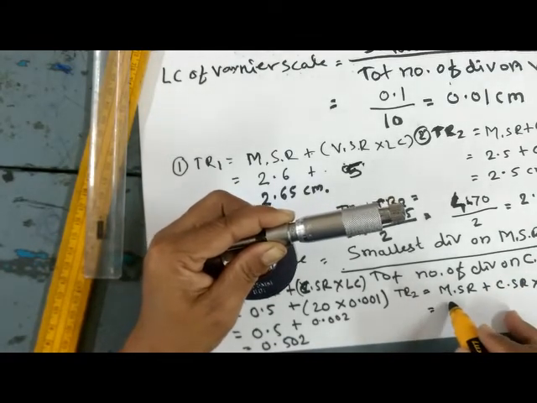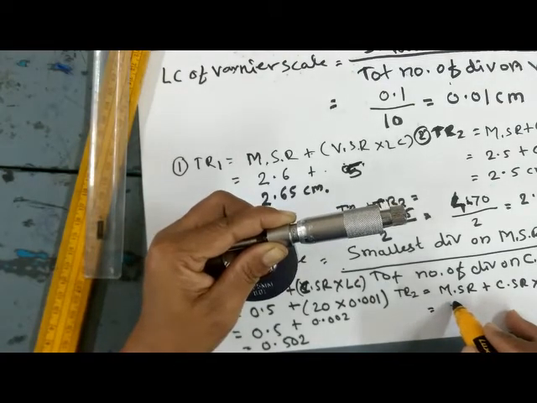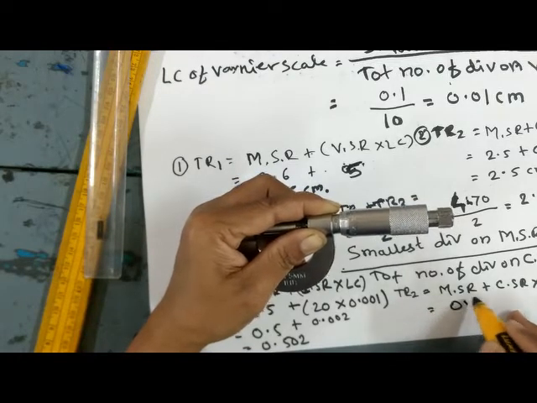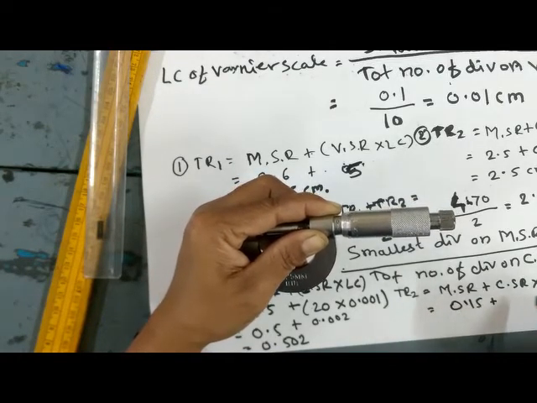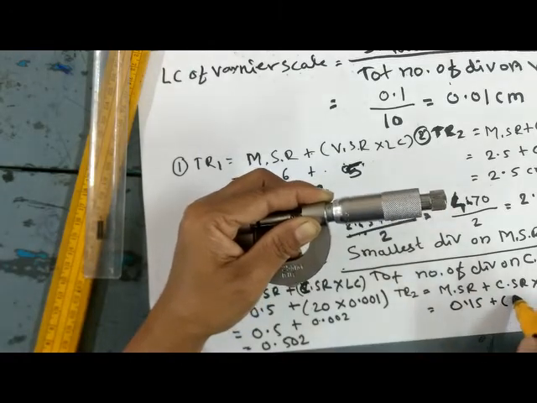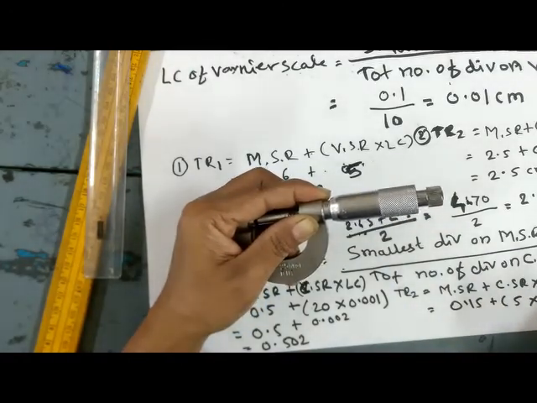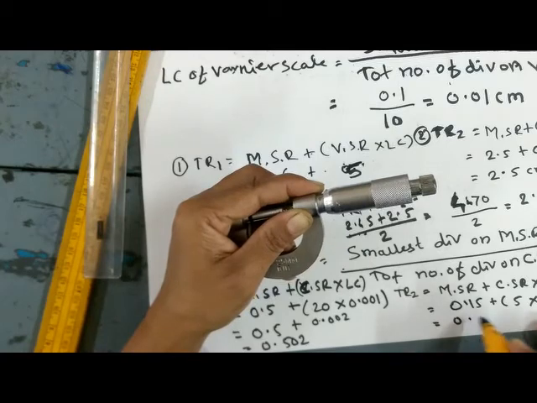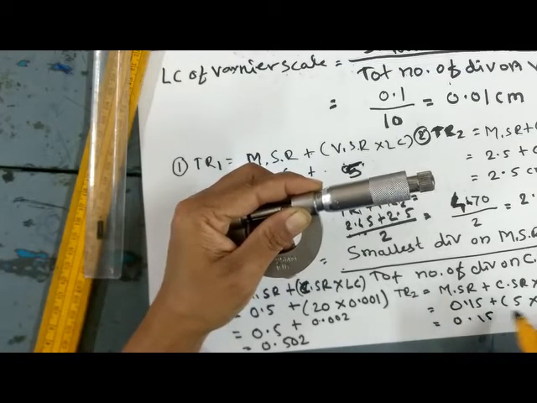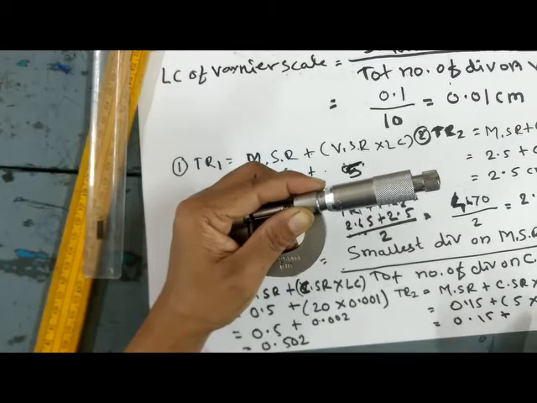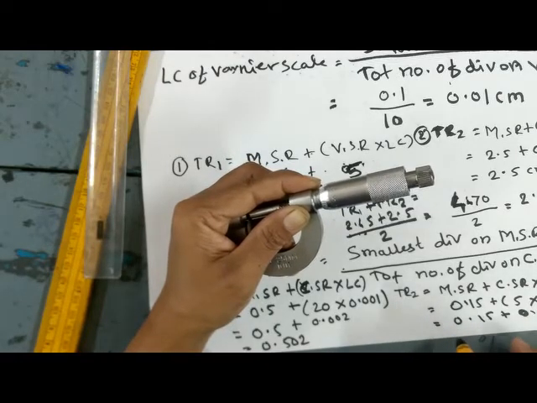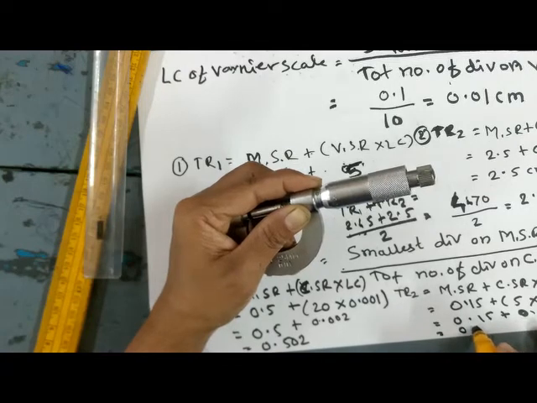MSR is 0.15 plus CSR is 5 into 0.001. We get 0.15 plus 0.005. We get 0.155.